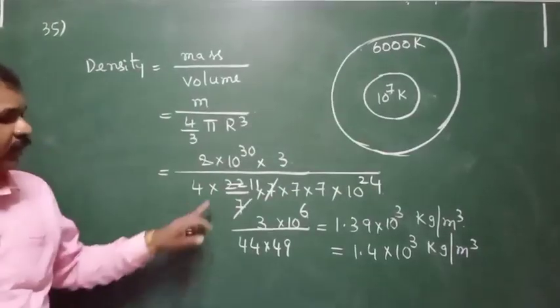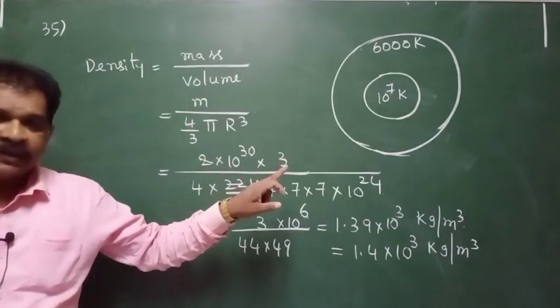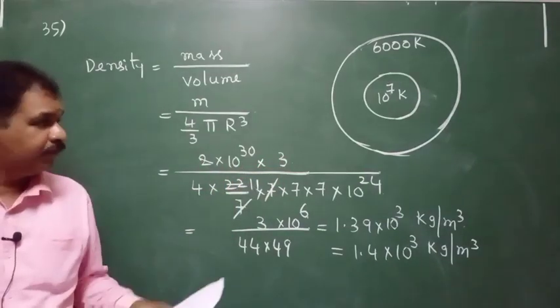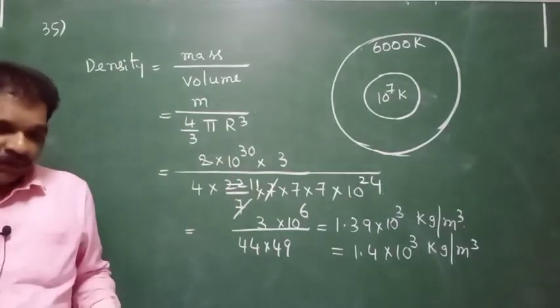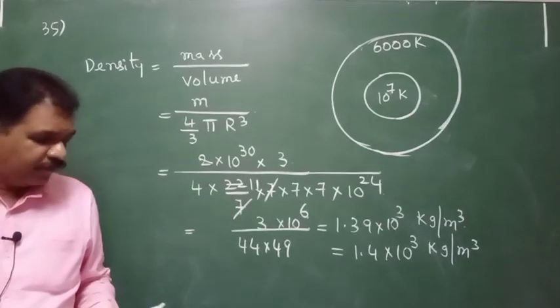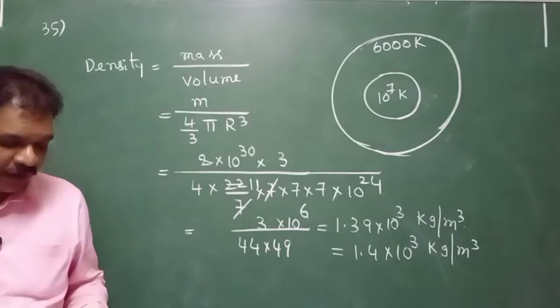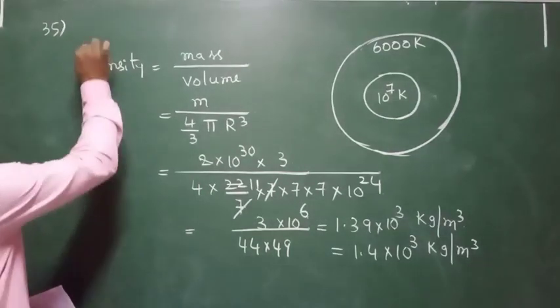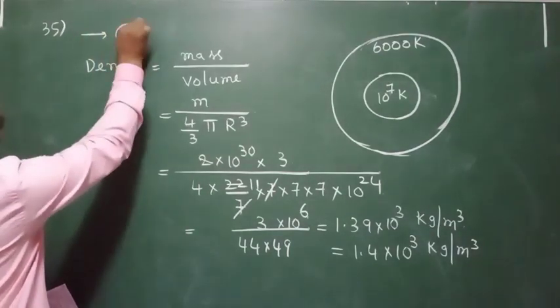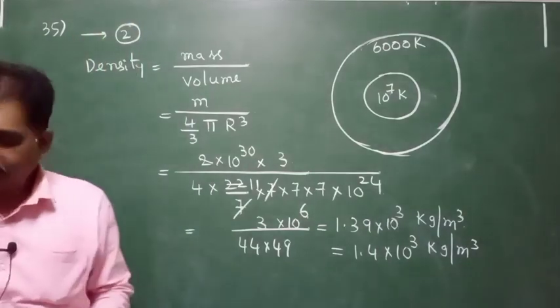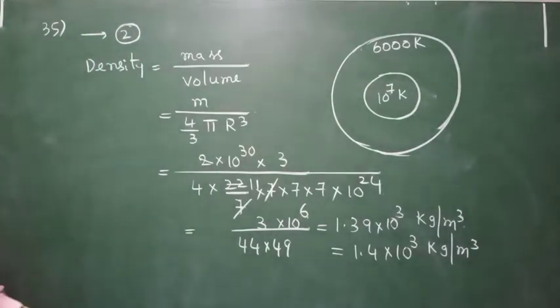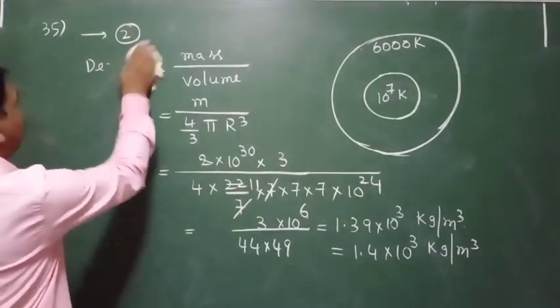So that is the mass density of the sun. Finally, the answer is 1.4 into 10 cube. Option 35 will be the second option. Clear? Next. 36, you see what they are asking.